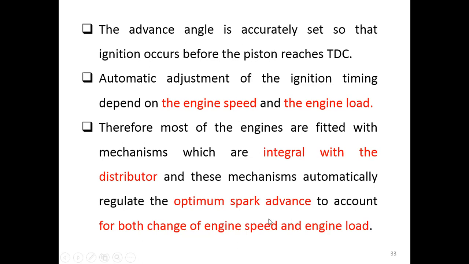This mechanism will automatically regulate the optimum spark advance to account for changes in both engine speed and engine load.